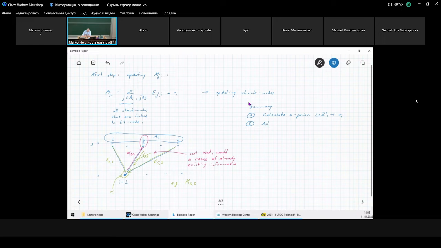Then first iteration. Message to check nodes. MJI is equal to our Ri. This is all we have. It's the first observation. We just see our noisy received values and we have to do something with them.